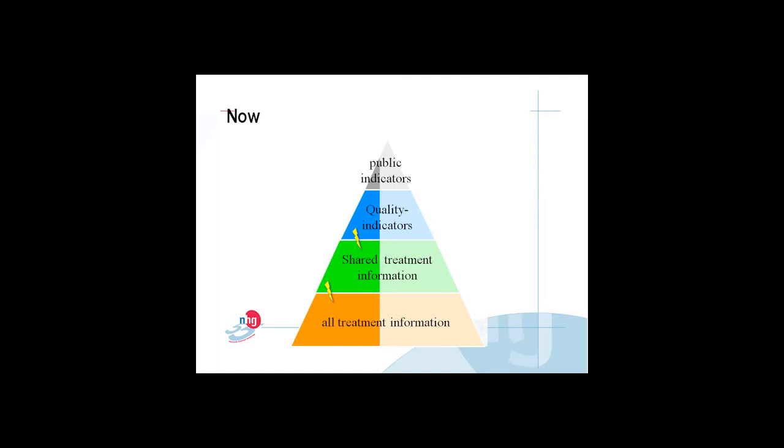And what you see, if you look at the different parties involved in all these different situations, is that one party wants this from the shared treatment information, and another party wants that from the quality indicators, and they don't fit to each other. So that's why people cannot communicate anymore about it.